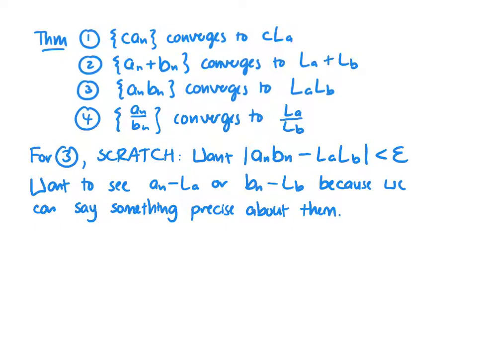Okay, so if this absolute value expression that we just wrote down can be expressed in terms of things that look like a_n minus L_a or b_n minus L_b, then that's great. Okay, so how can we do that? I'm just looking at that first term there, a_n times b_n. Okay, so I'm thinking something like this.